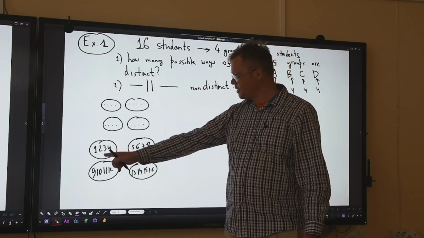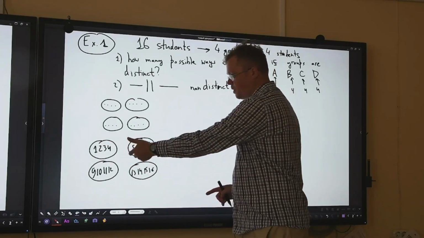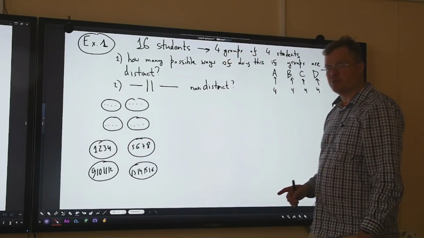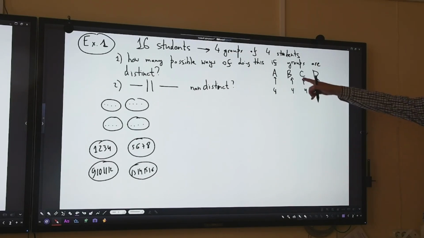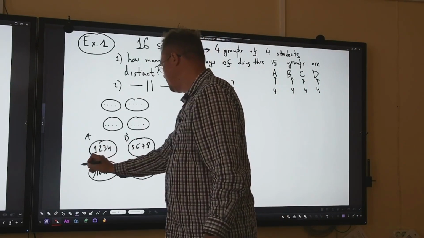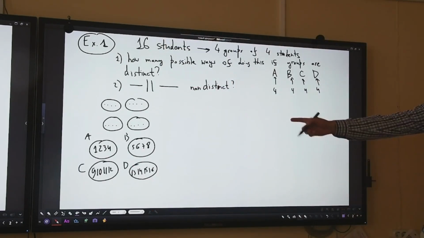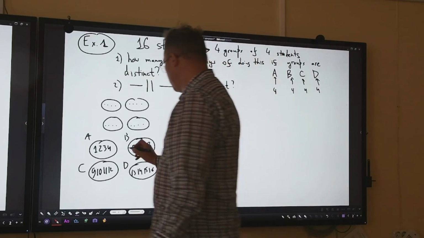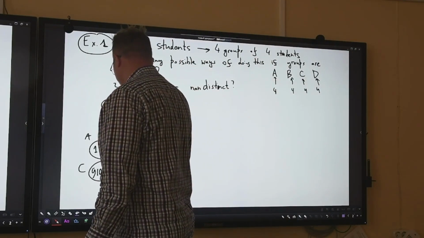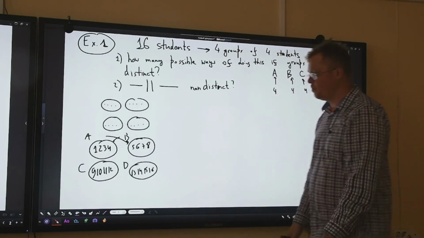What doesn't matter is the order in which we order these groups. In the first part, this way of distribution is not the same if we name this group B or this group A. So these are different distributions of students.